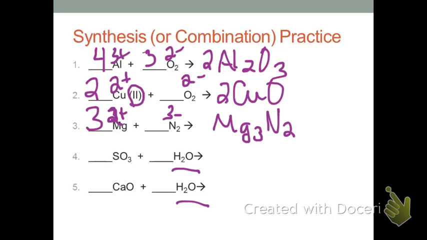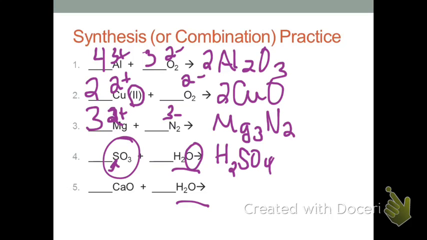In this case, you have a nonmetal S bonded with oxygen. That's a nonmetal oxide. A nonmetal oxide and water will make an acid. Acids have H in the front. If you smush together everything else in the problem other than the H's, you end up with sulfate. Sulfate has a charge of 2, hydrogen has a charge of 1. You end up with sulfuric acid, and it is already balanced.